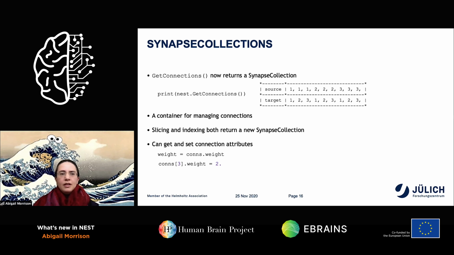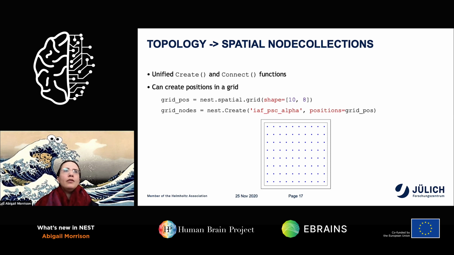I mentioned the topology before, so we've now unified the topology connections with the connection commands that we had before. So now you can do things like define a grid with the grid command from the spatial module, and then you can create a whole bunch of neurons that have positions given by the positions determined in this grid.